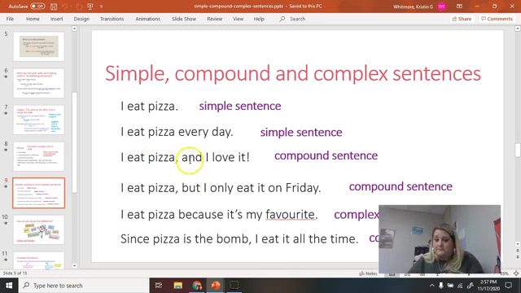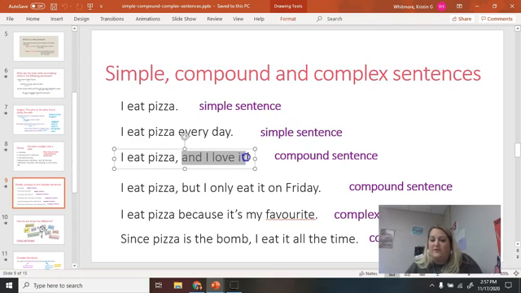And so you have this conjunction here joining these two complete thoughts. Because if we remove this part, I eat pizza is a complete thought. If we take the conjunction out on this side and remove that part, I love it is a complete thought. It has a subject and a predicate, so it's also a simple sentence.